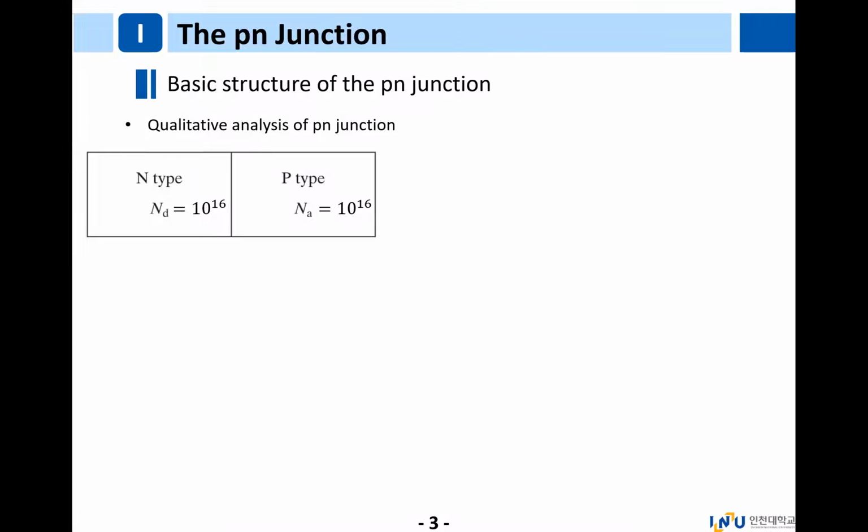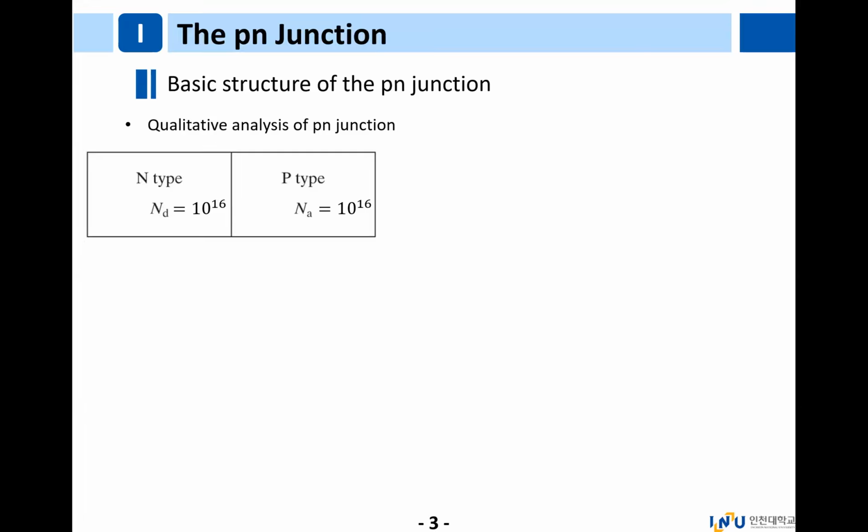As mentioned before, the EC level represents the potential energy of electrons in the conduction band, and the EV level represents the potential energy of holes in the valence band.